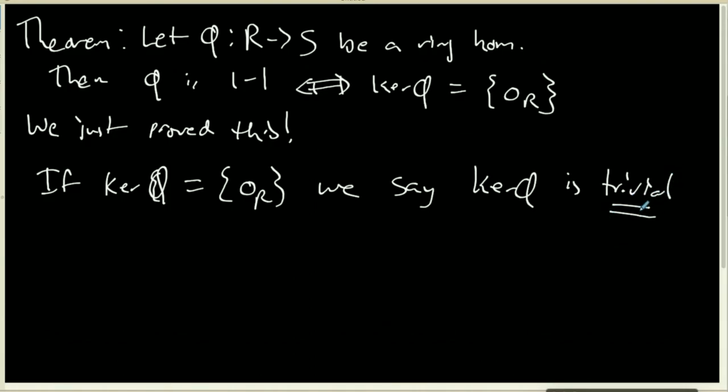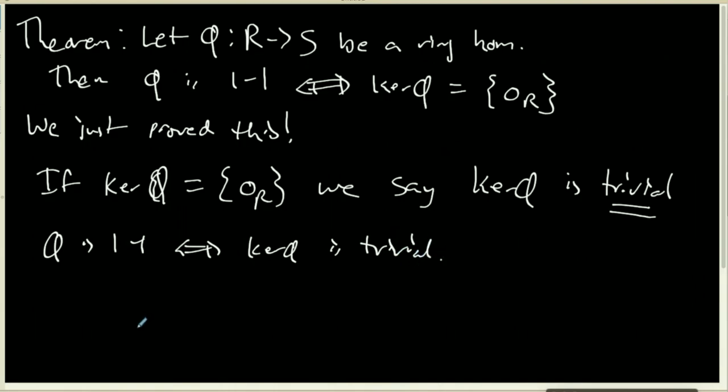Trivial meaning that it consists of just the zero element. And so what the theorem basically says is that phi is 1 to 1 if and only if the kernel of phi is trivial. That's how this statement is often done.